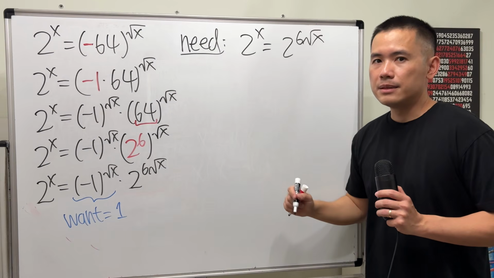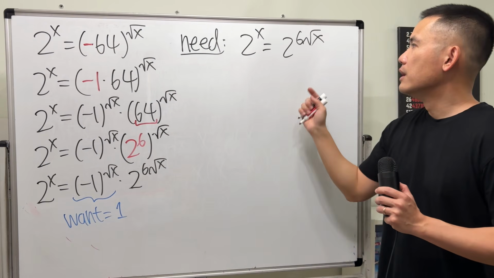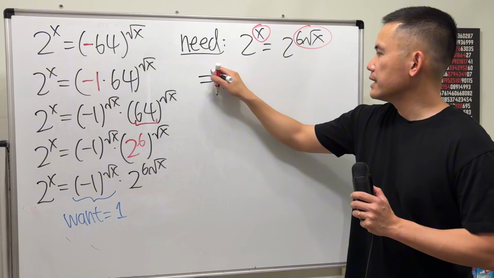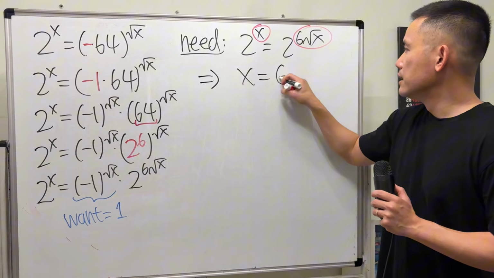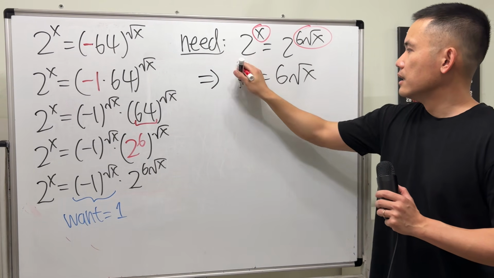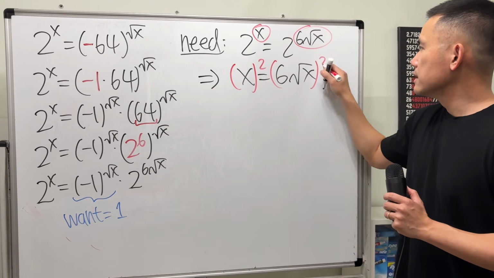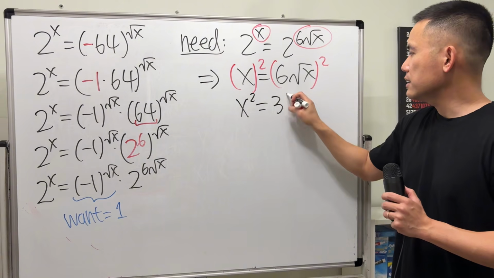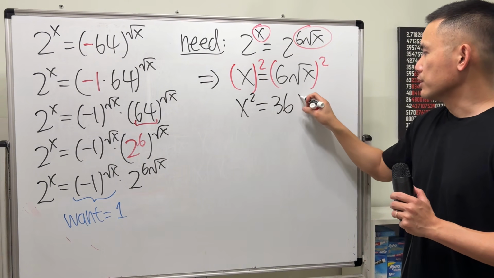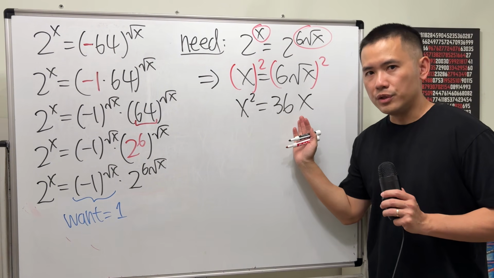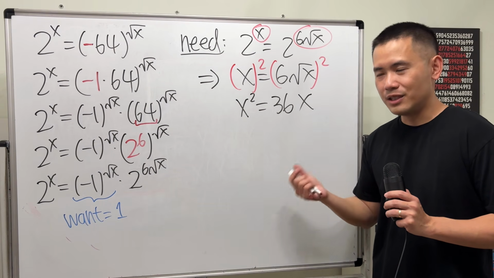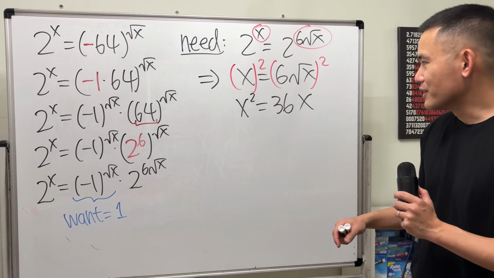This part is nice because both sides have base 2. So that means the exponents have to be equal. So we get x equals 6 square root of x. Squaring both sides, we get x squared equals 6 squared, which is 36. The square root of x squared is just x. Right here, be sure not to divide both sides by x because otherwise you'll be missing 0 as one of the solutions.